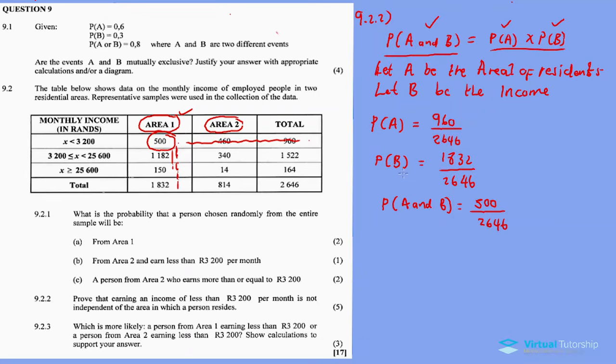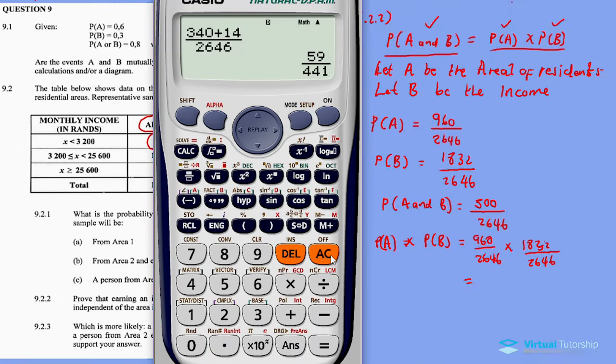Let's calculate the product of A and B. The probability of A times the probability of B is equal to 960 divided by 2646 times 1832 divided by 2646.